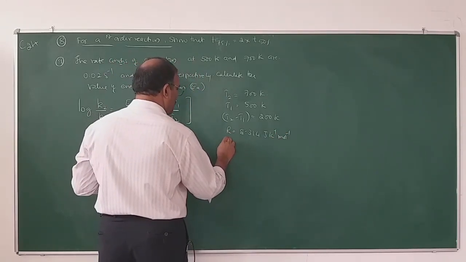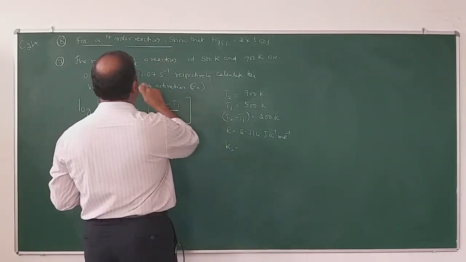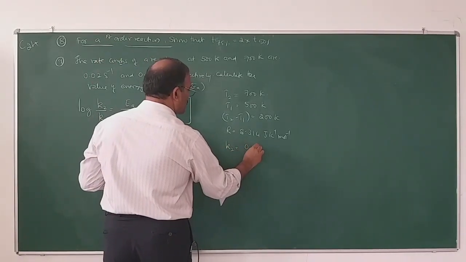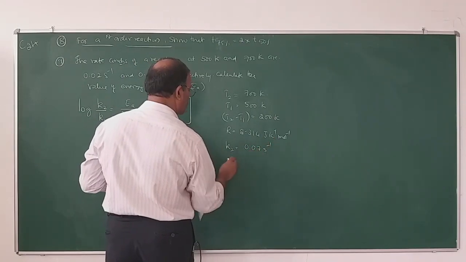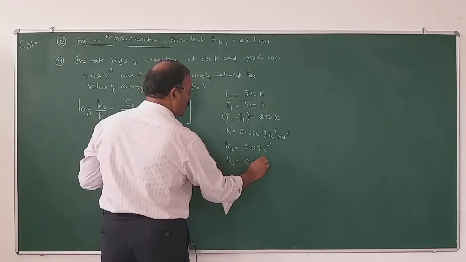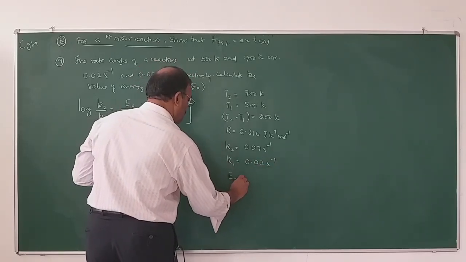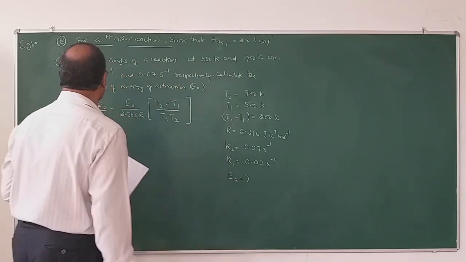Then K2, the rate constant at higher temperature, is 0.07 second minus 1 and K1 equals 0.02 second minus 1. So we have to calculate EA.